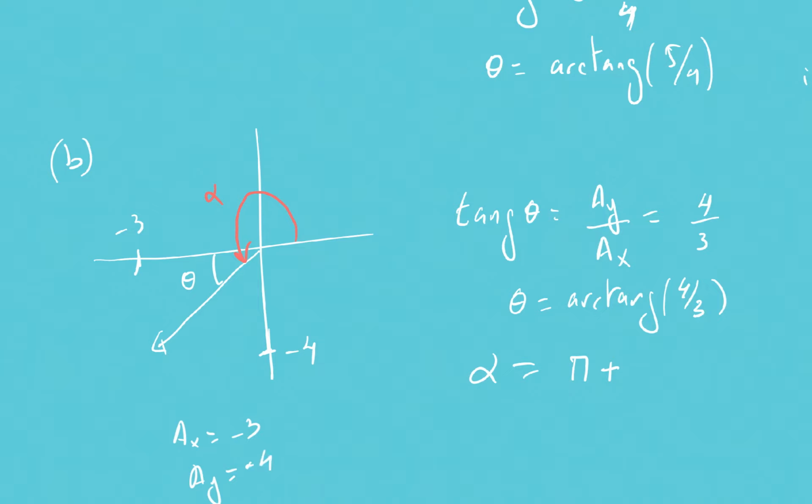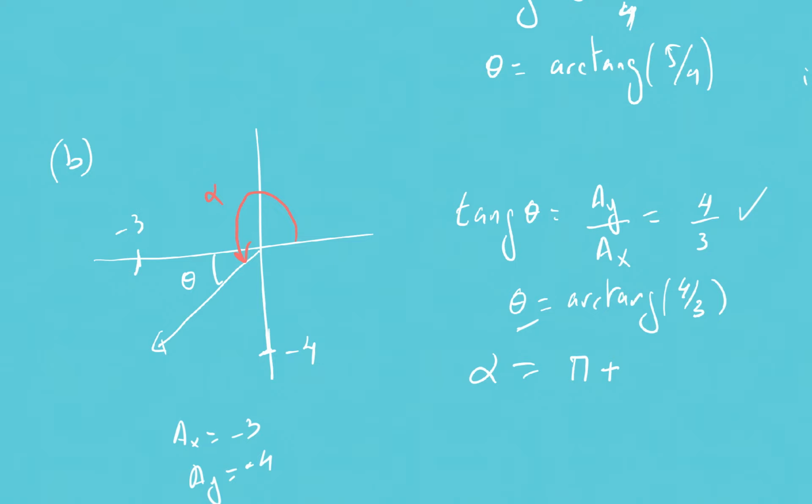In the third quadrant, the tangent is positive because it's Ay divided by Ax, and Ay is negative and Ax is negative, so the tangent of theta will be 4/3. So theta will be arctangent of 4/3.